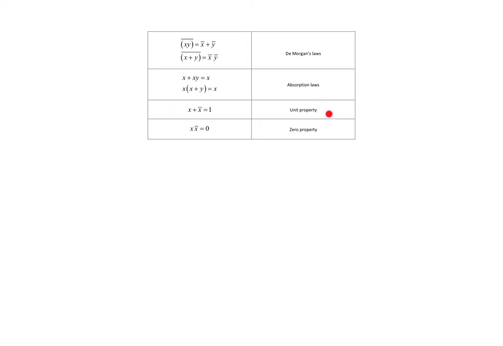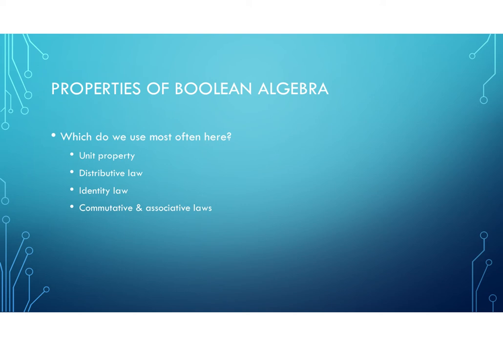So just to sum up, we're going to use the unit property, the distributive law, identity law, and probably commutative and associative laws in the background.